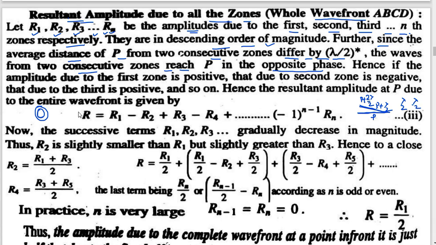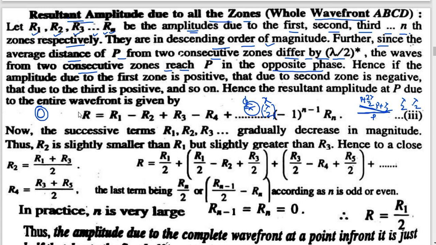Remember, there is a relationship between phase difference and path difference. When the phase difference is pi, the path difference is lambda by 2. So a lambda by 2 path difference means there is a phase difference of pi.